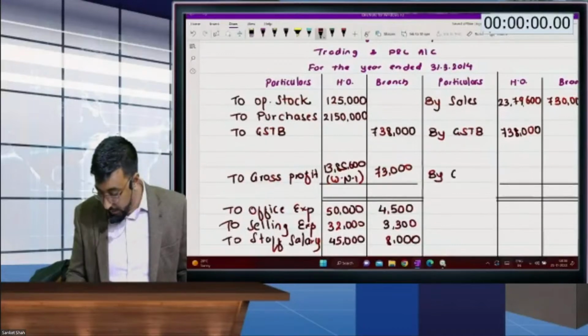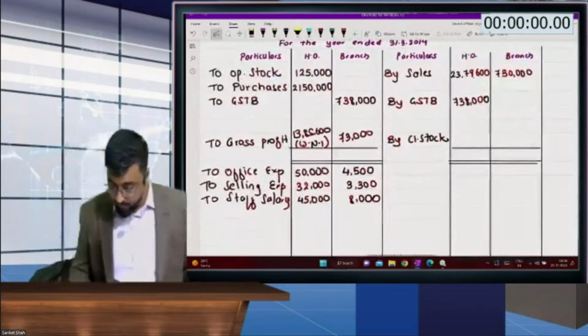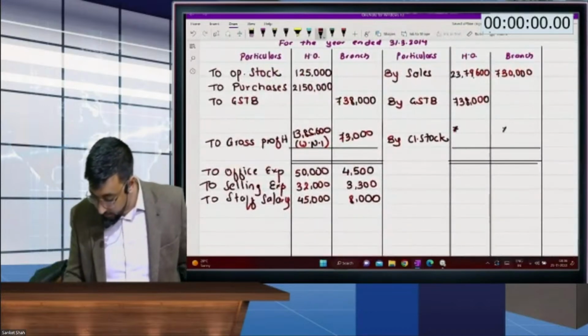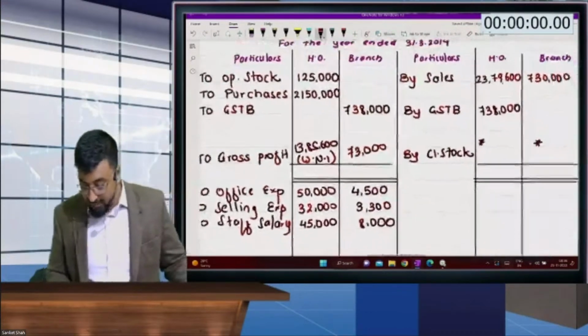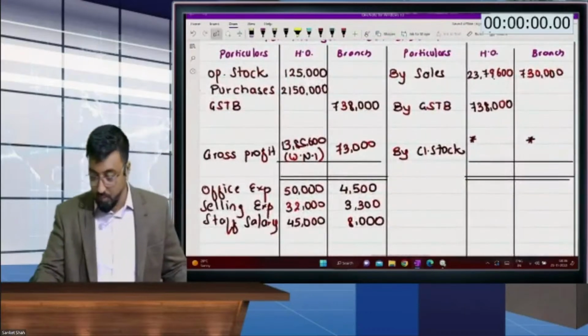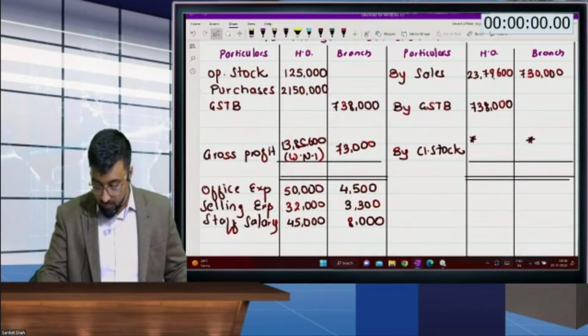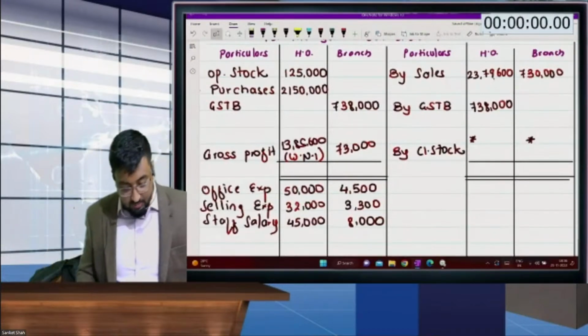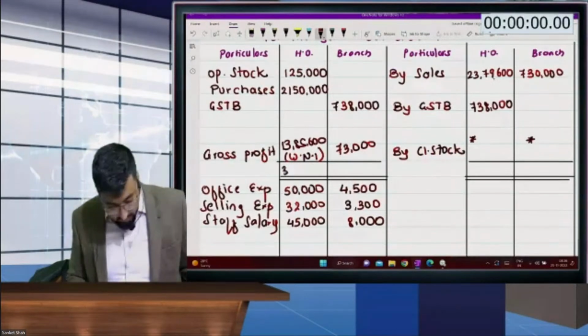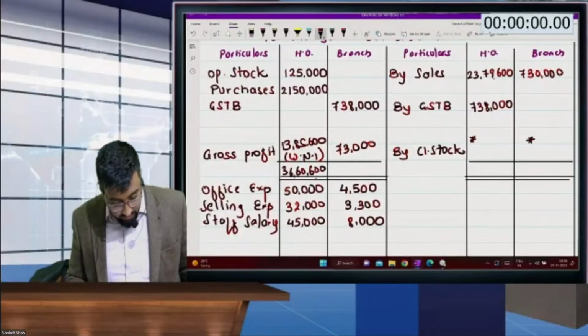So now you can calculate the closing stock as a balancing figure. Closing stock is a balancing figure. 125 plus 2150 plus 35.85, 38.6. So this is 13 lakh, 36 lakh, 60,600.